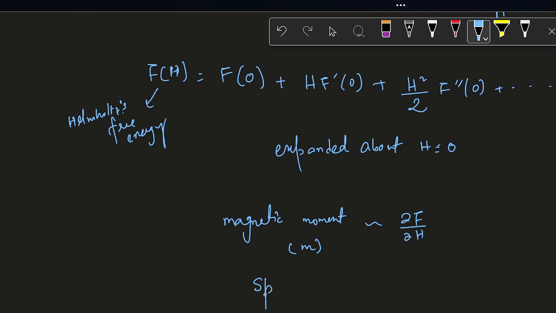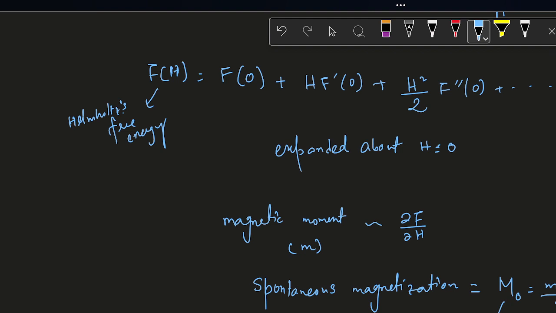And you know that the spontaneous magnetization of a system is basically the magnetization that is present in the system even when the applied field is 0. So if your magnetization is capital M, which is magnetic moment per unit volume, this is the magnetization. Because we are saying spontaneous magnetization, let me write it as M naught.